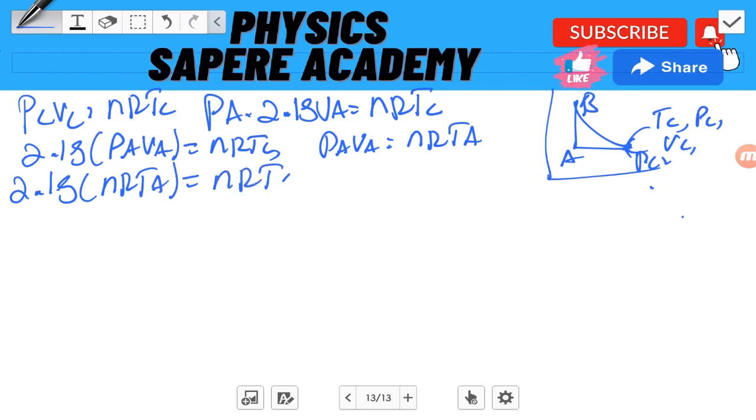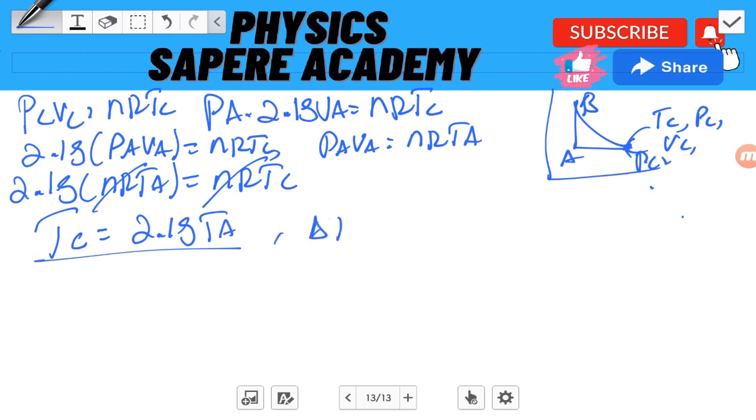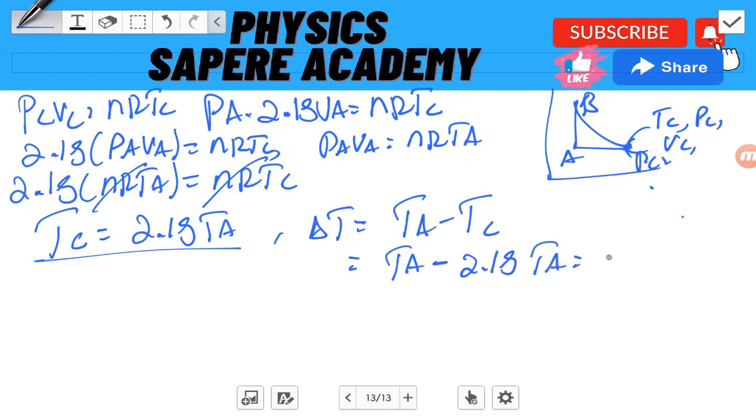So nR by nR, and I have my value of TC to be 2.19 TA. So TC is 2.19 TA, so my change in temperature, which is my final value TA minus TC, is going to equal TA minus 2.19 TA, which equals negative 1.19 TA.